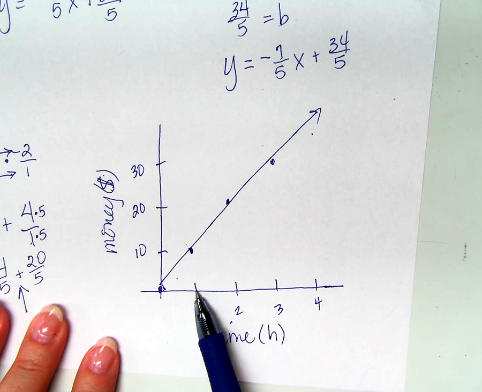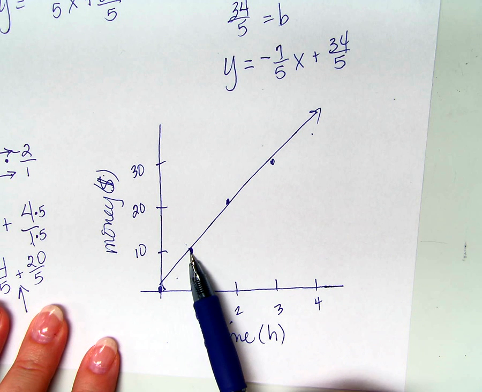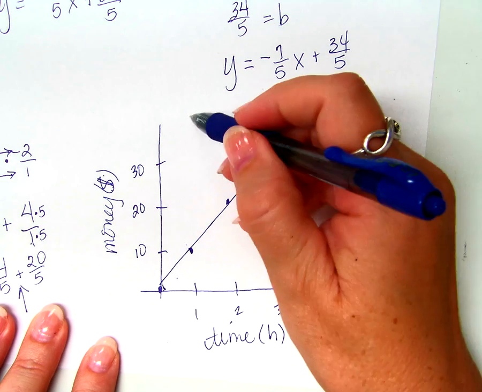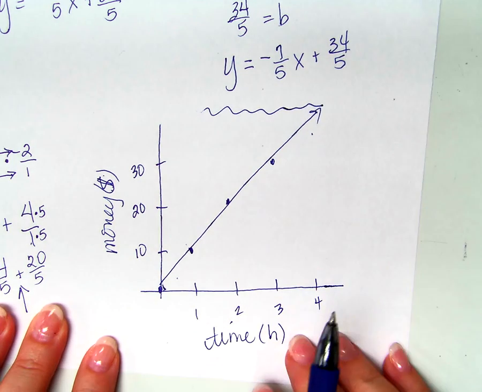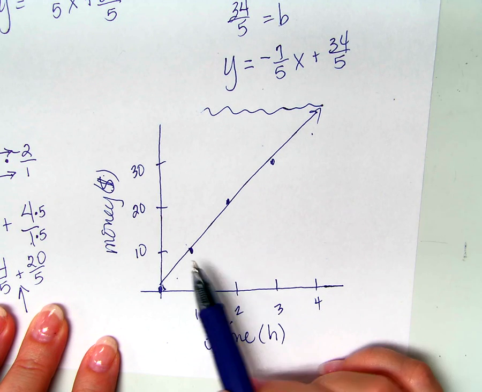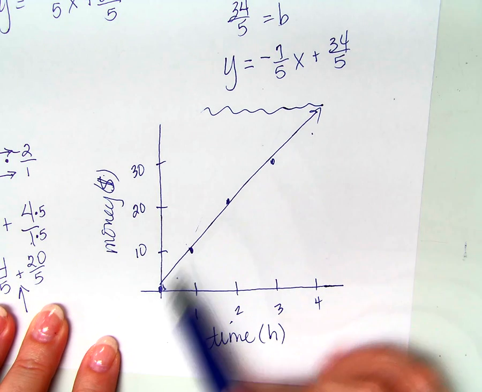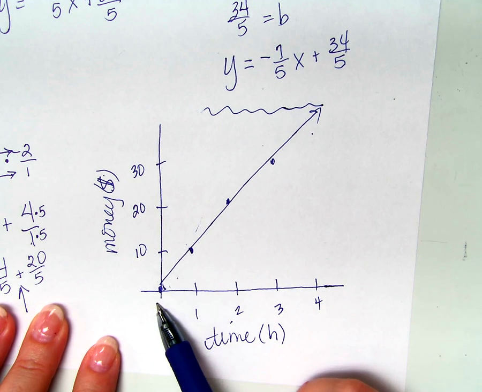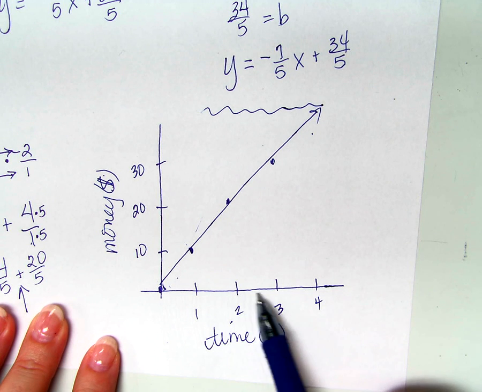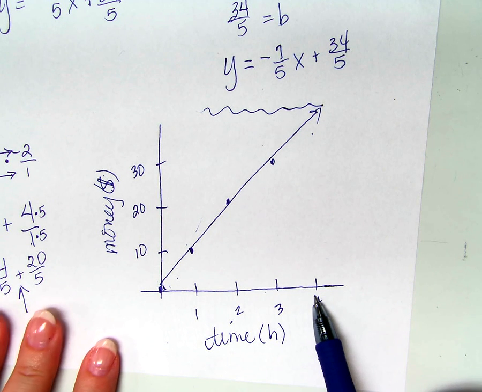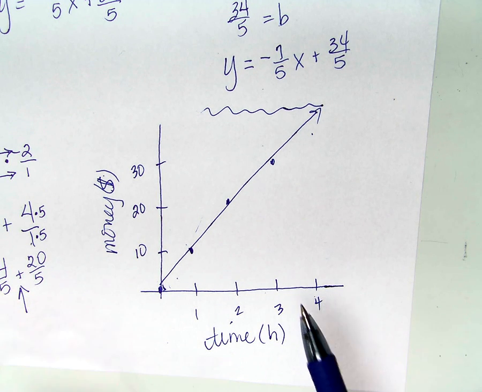I can say as each hour passes, maybe Franklin earns $10 more mowing grass. That would really depend on what the title of the graph was up here, right? Give me more information. But if I don't have that information, I can say as each hour passes, the money increases by $10. Does that make sense?